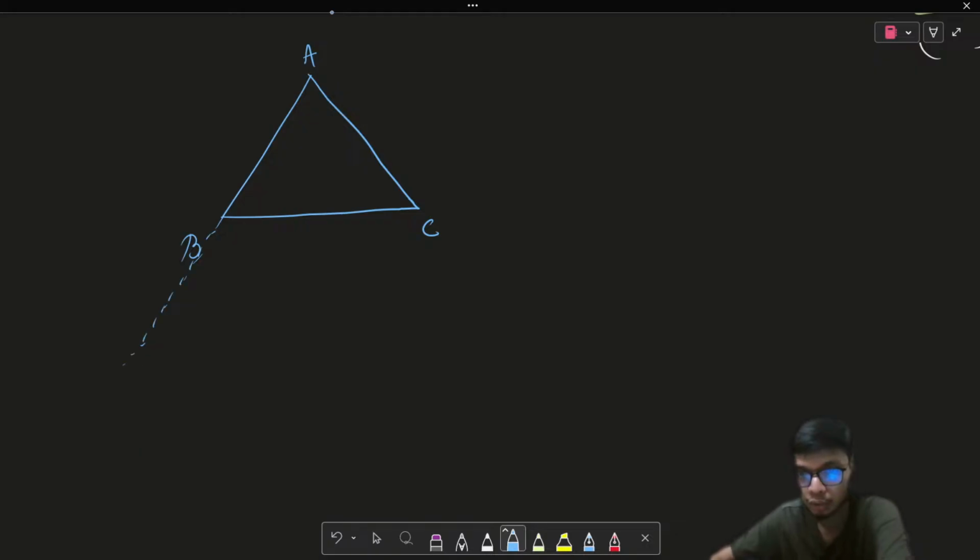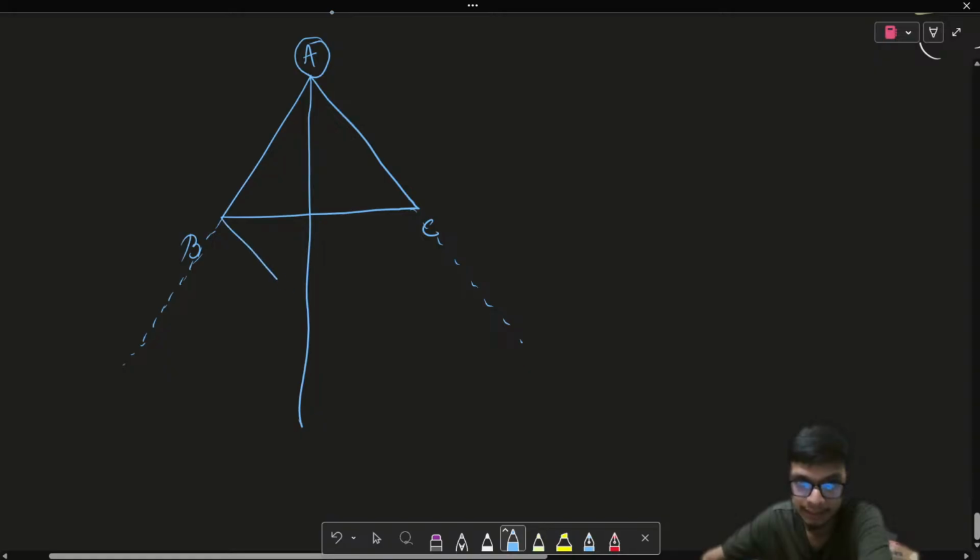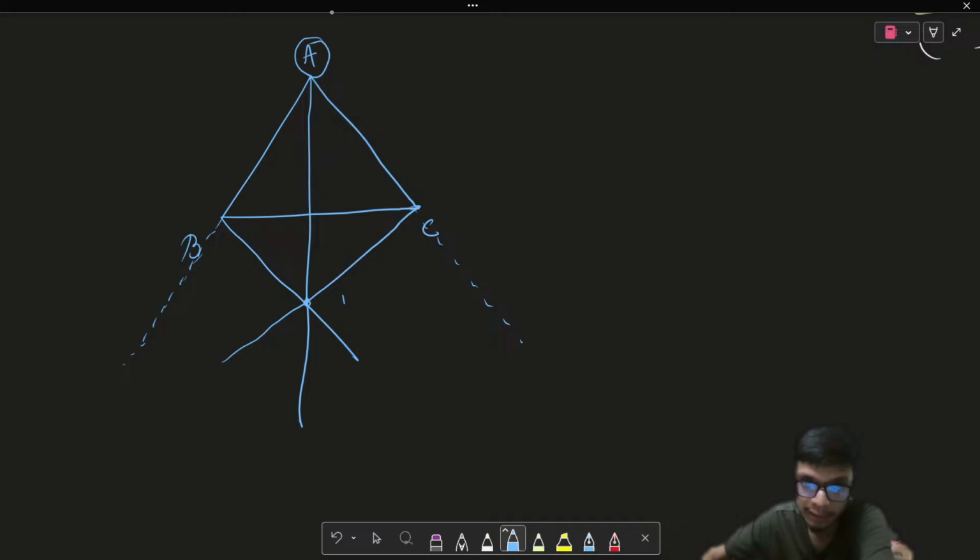For example, if I want to know the excenter corresponding to vertex A, because you will have three excenters, right? I will take the internal angle bisector of vertex A, and I will take the external angle bisectors of vertices B and C as follows, right? And this is going to be my excenter, which I can denote by I1.